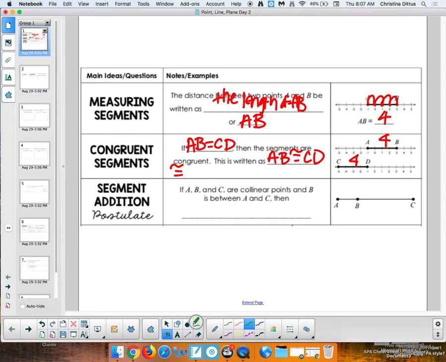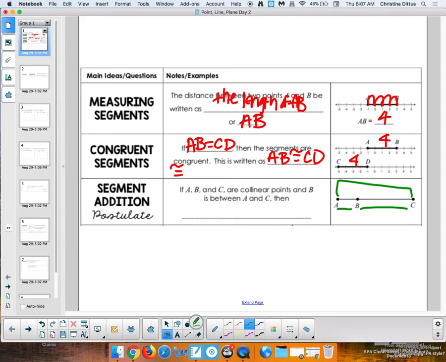Okay, good so far? Alright, segment addition. All it means is that you take segments, and addition means add them. I like to think of it as you are taking a line, and it tells you B is between A and C. It doesn't actually have to be B, but any point that's in between your other 2 points. What happens is our 2 small segments add up to be our big segment.